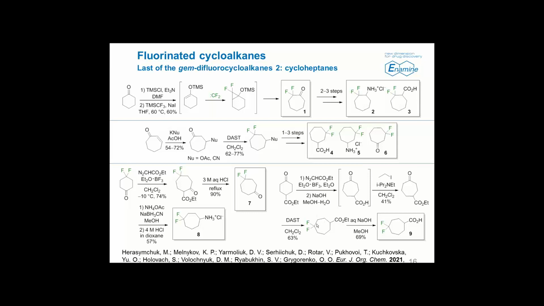In the second case, fluorination was performed after the ring expansion. This work, which was published recently in Eur. J. Org. Chem., describes only synthesis of these compounds, but we are planning to have their 3-dimensional structure. In fact, we have that in hand already, but the publication is under preparation now.